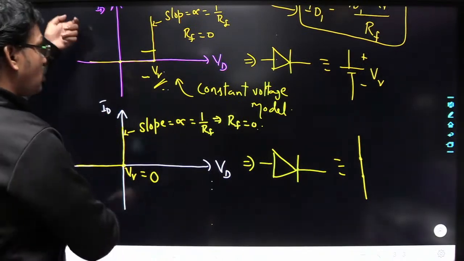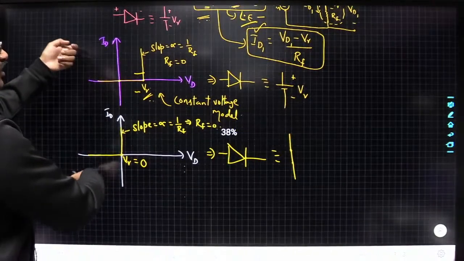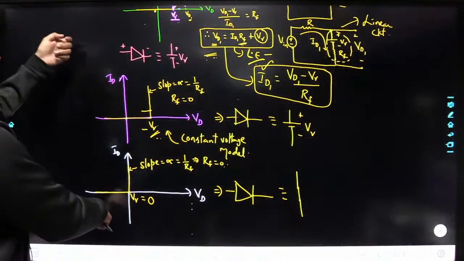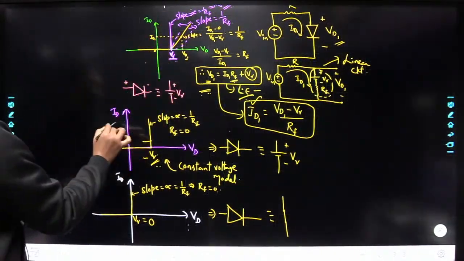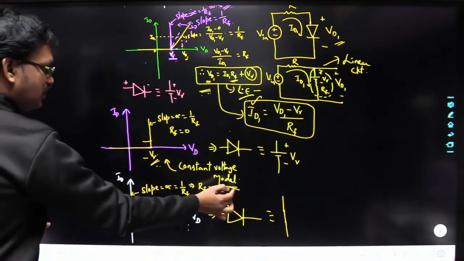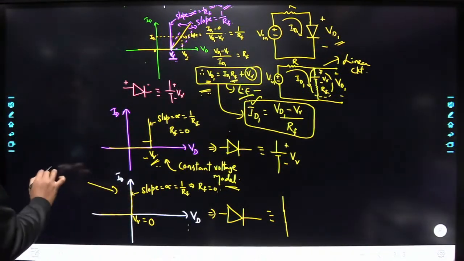Yes or no? All these models are nothing but piecewise linear models, and this one has a specific name, the constant voltage model, and this one we call the ideal model.